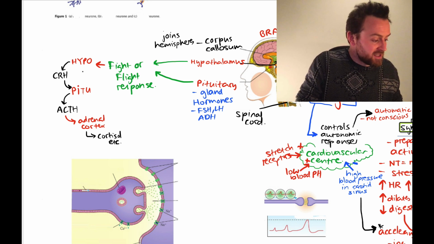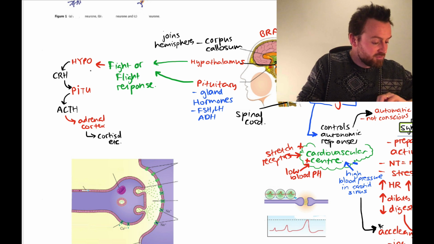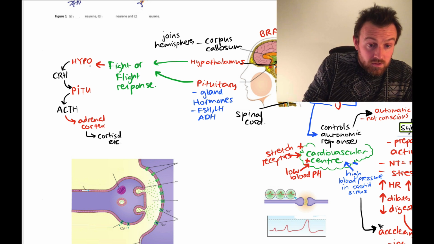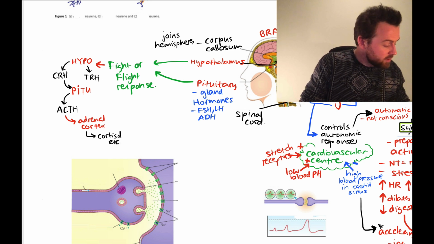And the other part is that the hypothalamus can release something called TRH, which stands for, what is it called again?